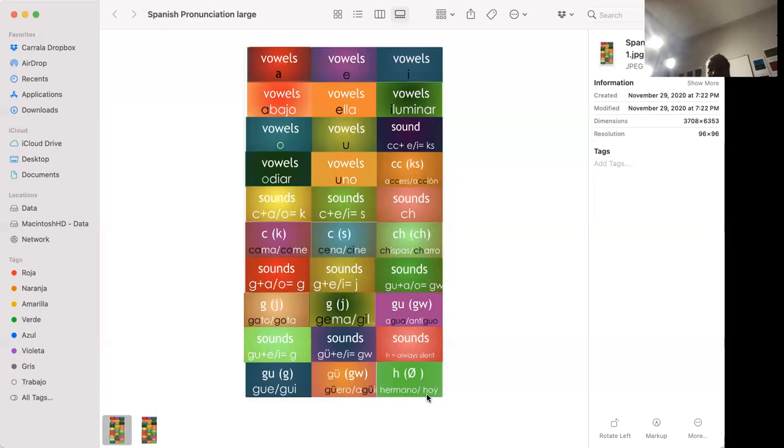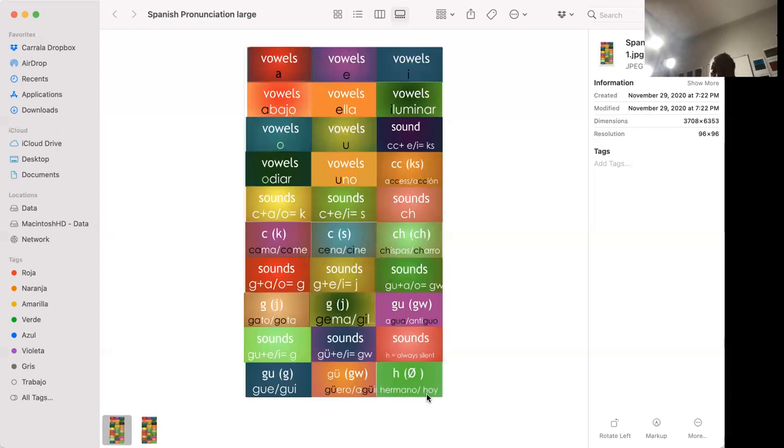So you learn how the C is pronounced, for example, when the C is k, as in como, and when the C is s, as in seña, or when the G is g, as in gato or gota, or when the G is h, as in gente, or gemelos. There's a rule. And once you understand that rule, you're okay.